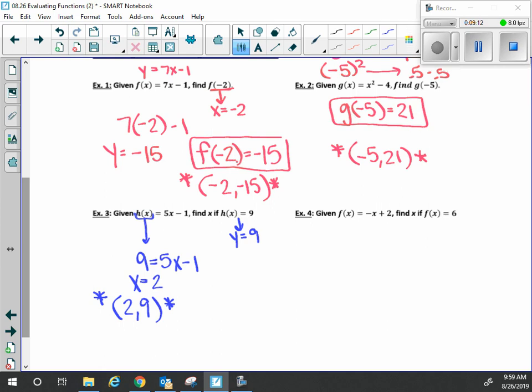Okay, let's look at example 4. Given f of x equals negative x plus 2, find x if f of x equals 6. So I'm finding x, which means what is replaced on my function? The f of x, the output.